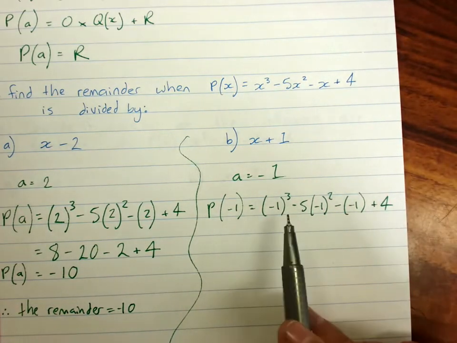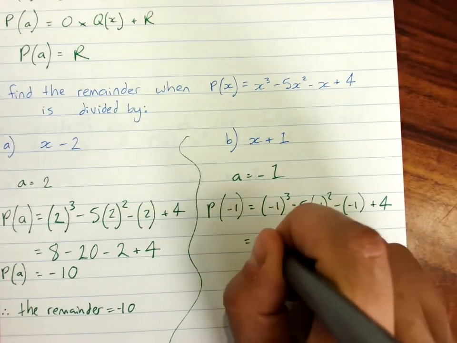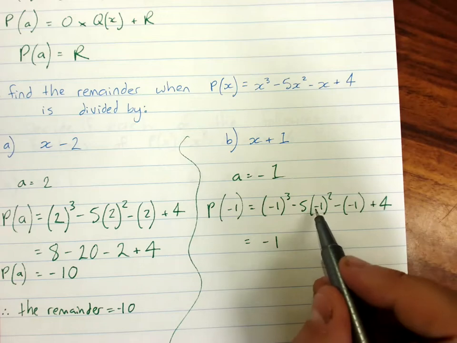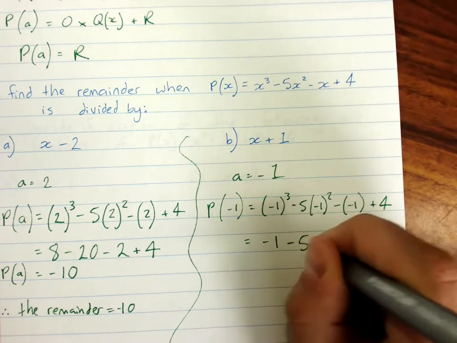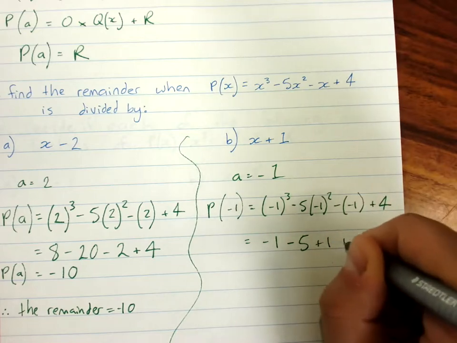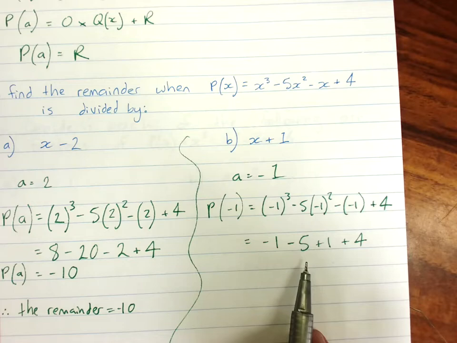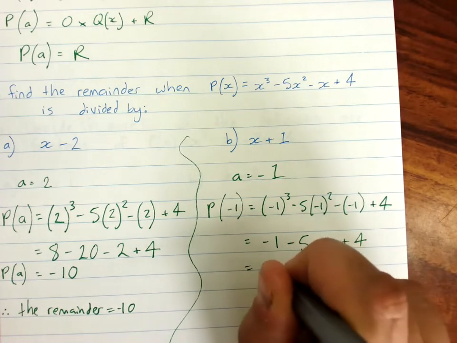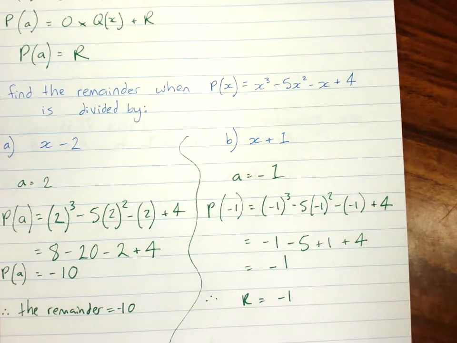Using the brackets really lets us follow what's happening to our negatives. Negative 1. Now, negative 1 squared is 1. 1 times negative 5, minus 5 plus 1 plus 4, minus 6 plus 5. That is negative 1. Therefore, our remainder is negative 1.